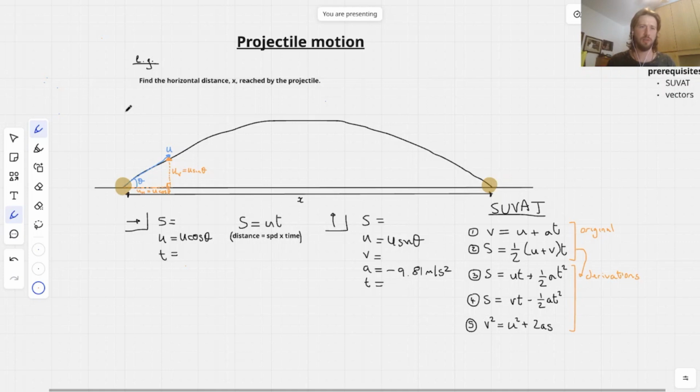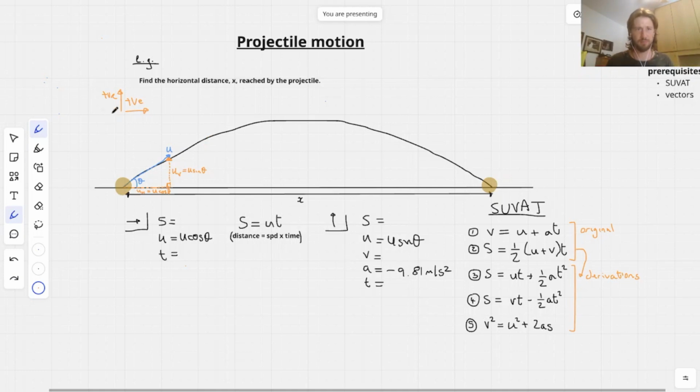So I will just choose this side as positive for the horizontal, and I'll choose up as positive for the vertical. And because I chose up as positive, that's why I've given here a u sine theta, because the vertical component is pushing upwards. And positive to the right is why I've given u cos theta here a positive value. And then you can see that acceleration, because it's always pushing down, is going to be negative.